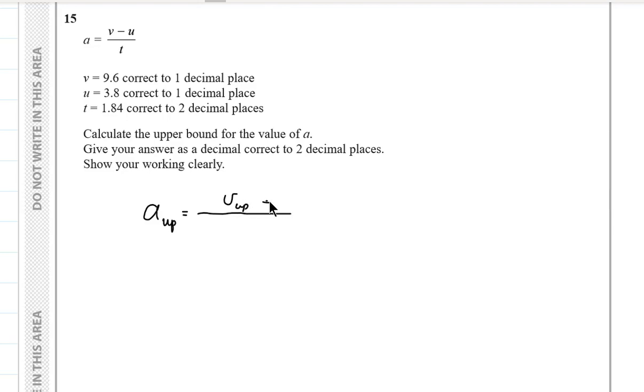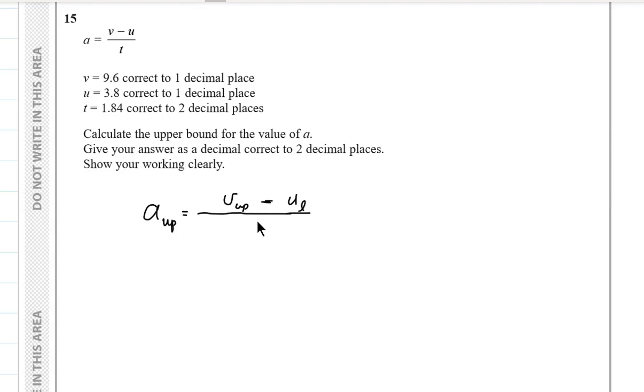Here u is in the numerator but with negative sign, so we will take the lower bound of u, to get a larger acceleration, a larger number.